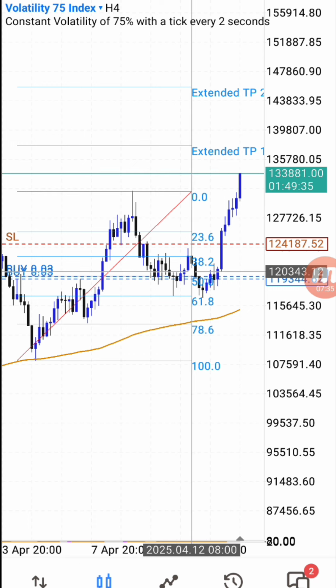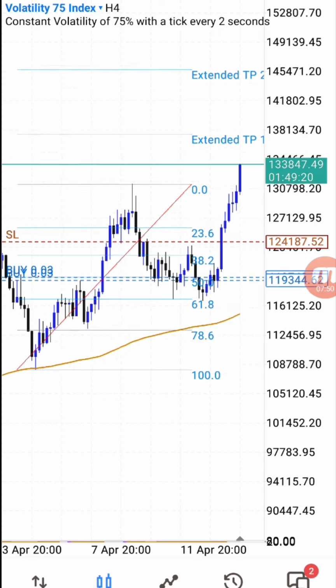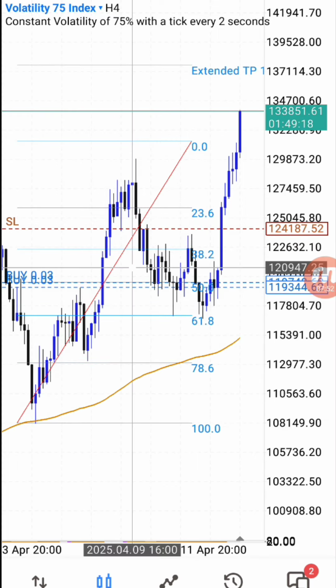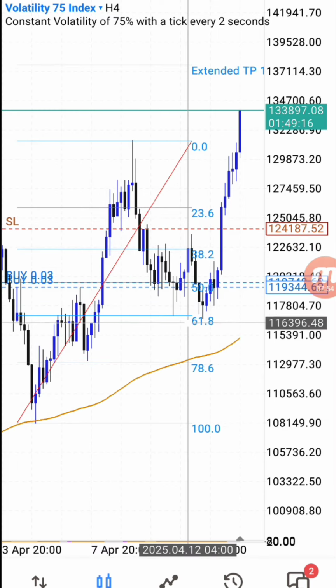Now if you enter your trade at 50%, your TP1 is still going to be your 0.0 level. If you enter at 61.8, your TP1 is still going to be here. So now the further the retracement or the pullback, the more reward it is going to give you.